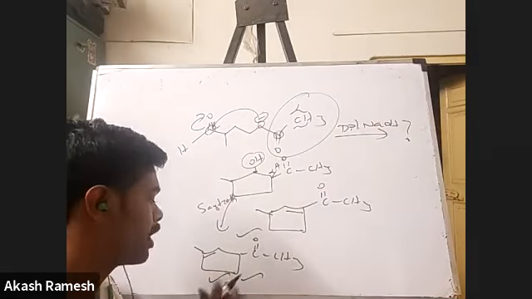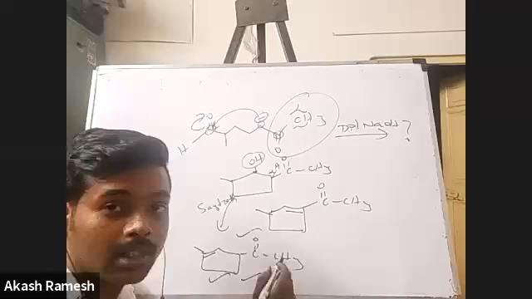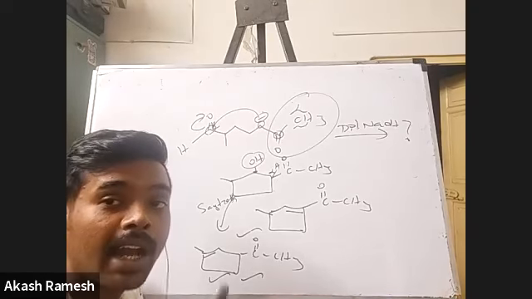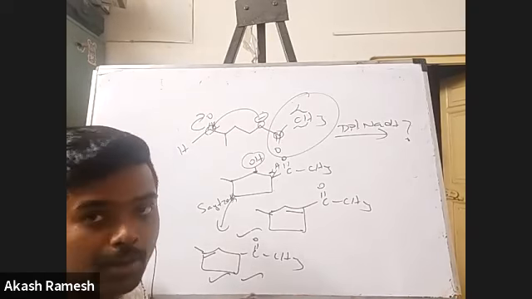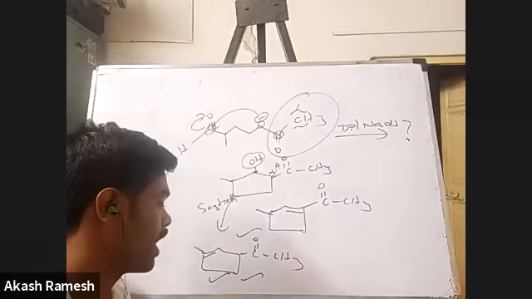So definitely this would have been the Saytzeff product, right? But look at this. This is actually not a Saytzeff product. But why am I doing this? It is because I need to form only an alpha beta unsaturated aldehyde or ketone as the aldol condensation product. That is what the mechanism says. I cannot go by this. That's why I am not forming this, but I'm forming this.